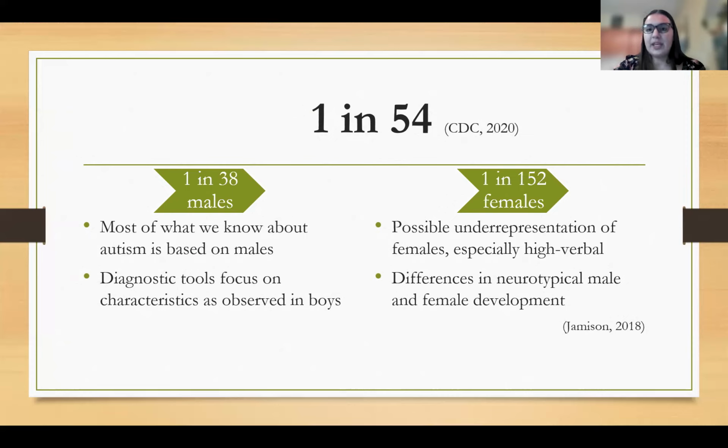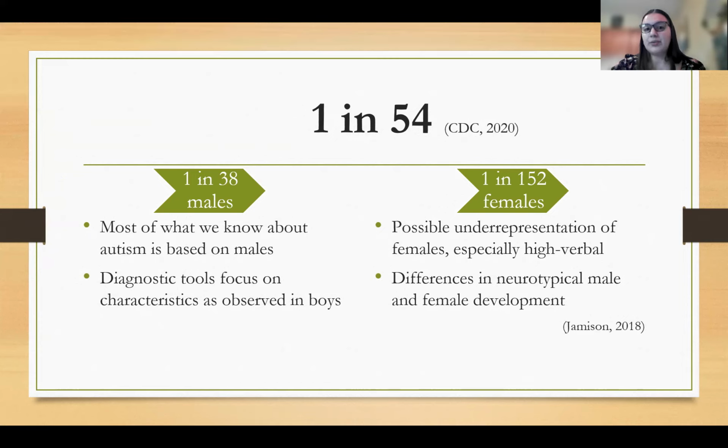So right now, as of 2020, 1 in 54 individuals are diagnosed with autism. So this has increased over the course of decades. And this could be because we're getting better at noticing when someone should be evaluated for having autism. And as you can see, the prevalence in males is significantly higher than the prevalence in females.